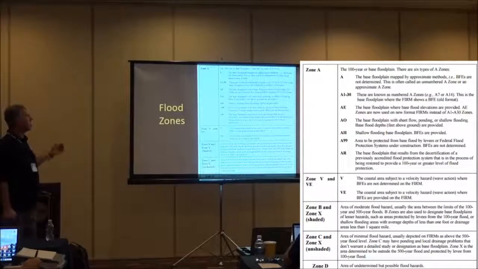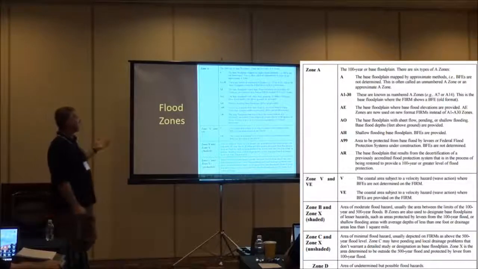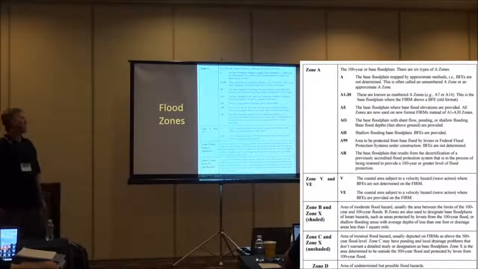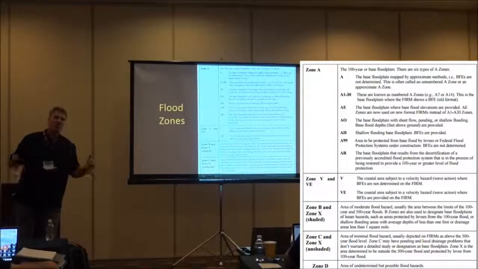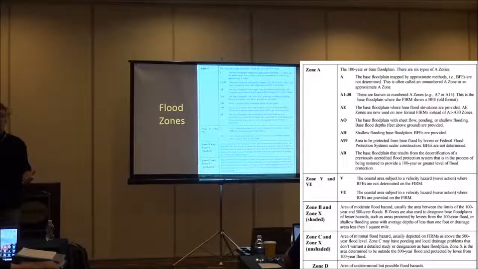A99, area to be protected from base flood by levees or federal flood protection systems under construction. BFEs are not determined. So if I'm building a dam or a levee, like Lake Okeechobee down in Florida, the large freshwater lake, they're redoing what they call the Herbert Hoover Dike. Some of those areas are considered A99 because that is being reconstructed. I think part of New Orleans was the same way.